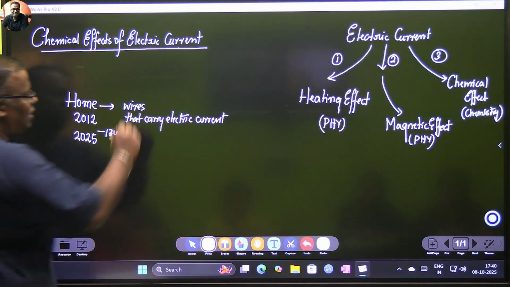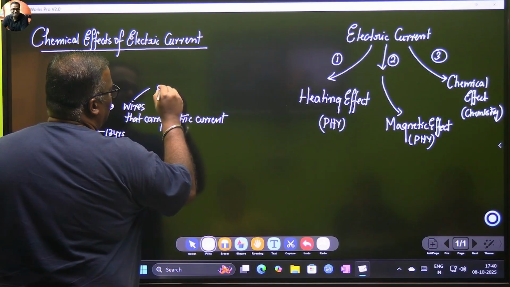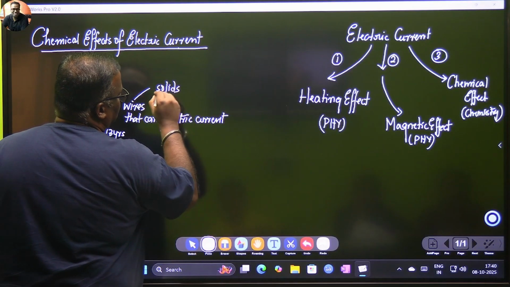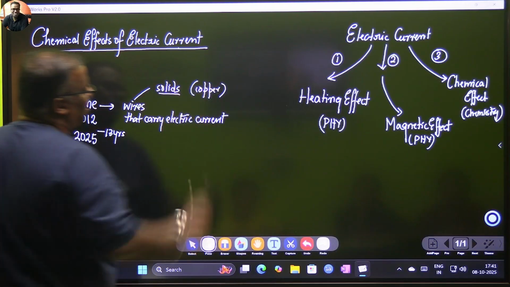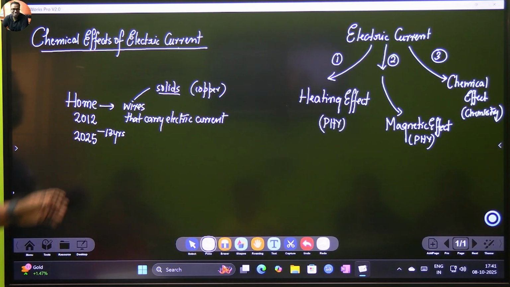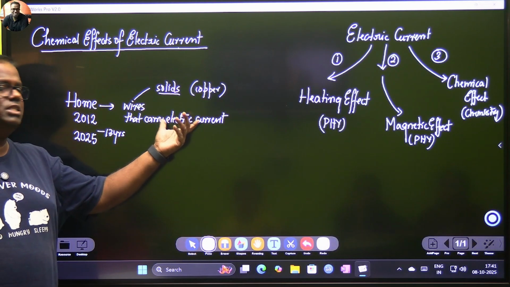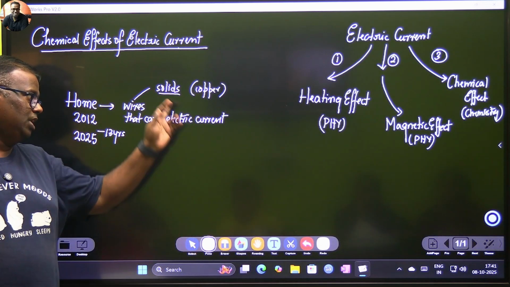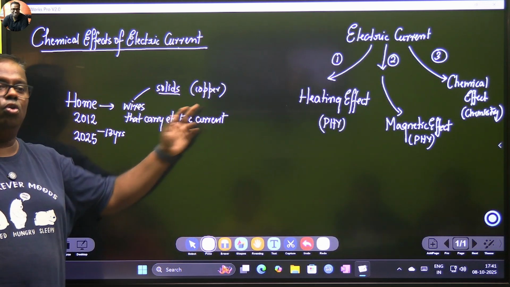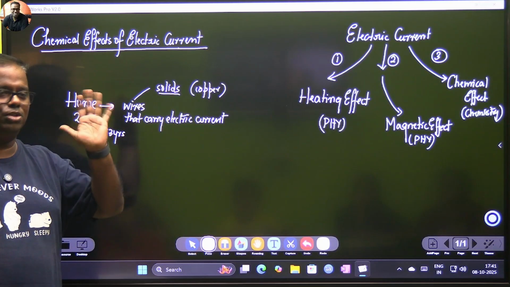If you look at these wires, they are solids. Typically, they would be made out of copper. So if I'm enjoying the same intensity of electric current without any distortion, one thing is for sure, that this solid over the period of 13 years has not changed.